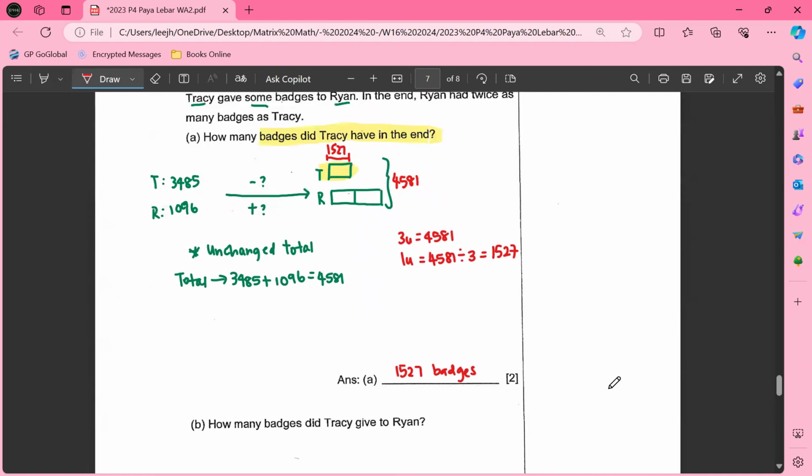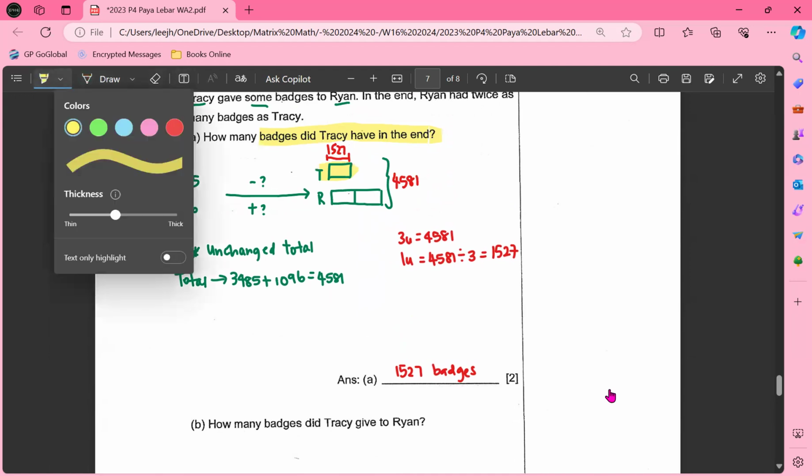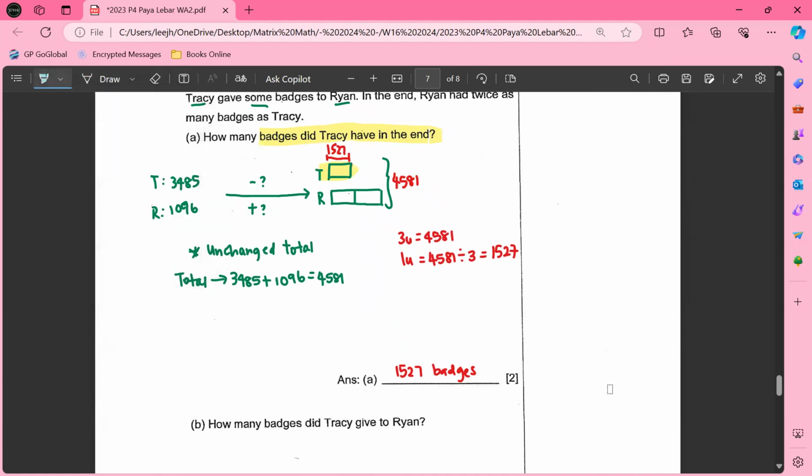So if you look at the model here, how many badges does Tracy have at first? Tracy actually has, let me use another color, this much at first. After giving some of it to Ryan, she only has 1527 left. So how to find this one? Very simple. In order to find the change, you minus.